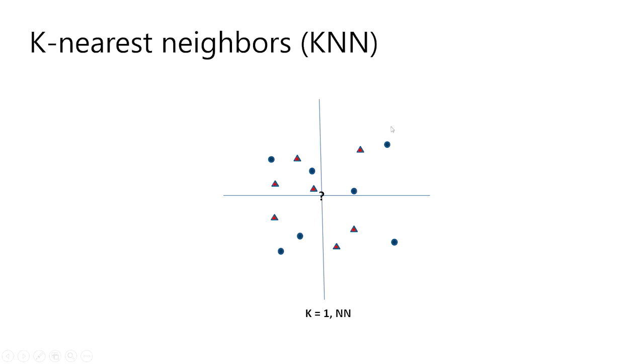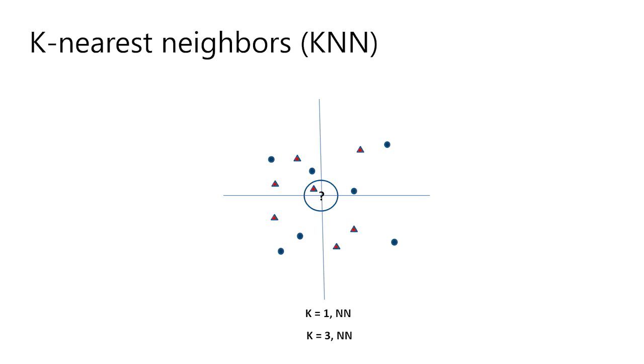I have my two features, you see the vertical and the horizontal axes. I need to find the nearest neighbor, and we'll just use Euclidean distance in this case. So we draw a circle, and as the circle expands, the first case we hit is a red triangle. So we classify this question mark as a red triangle.